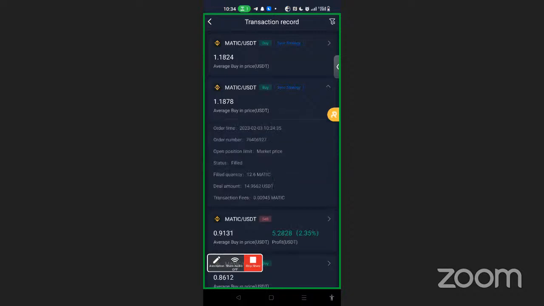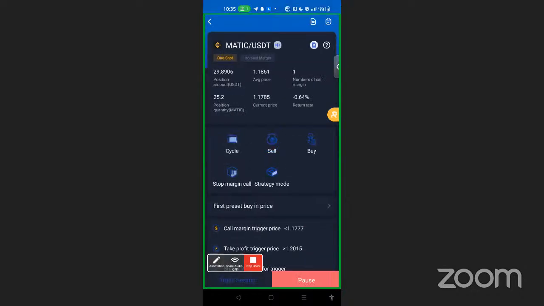Whenever the robot buys, when you tap on this icon, it is called the transaction record.